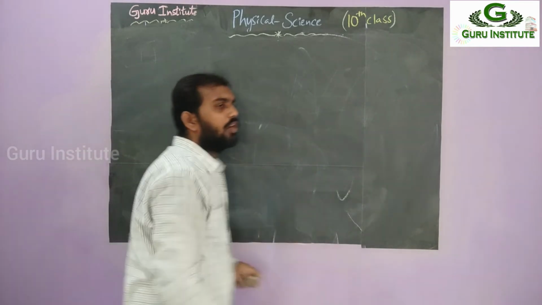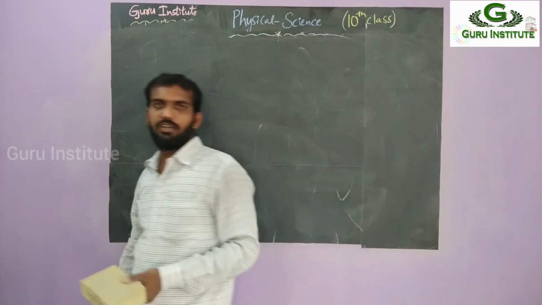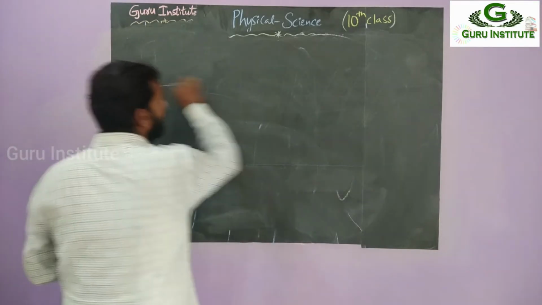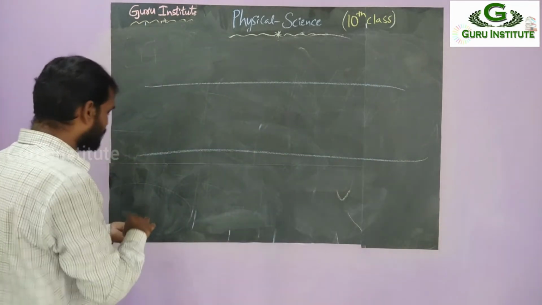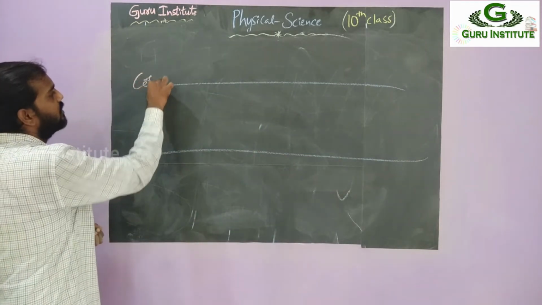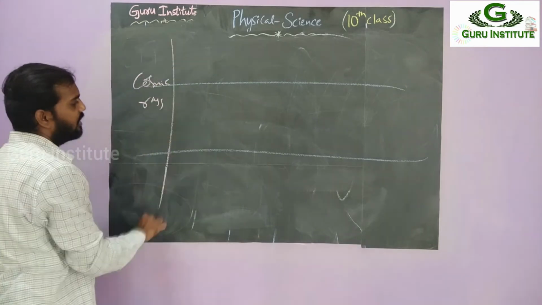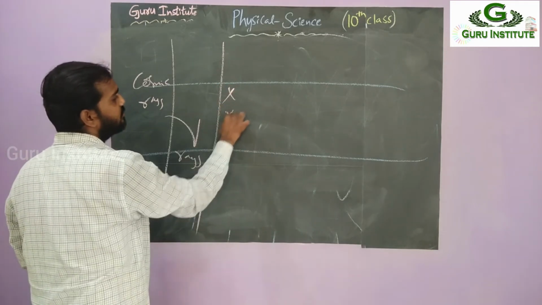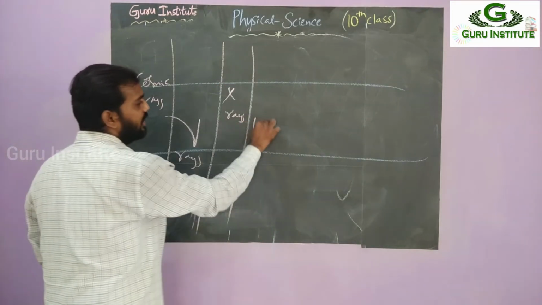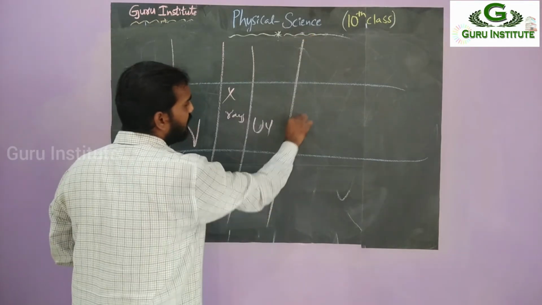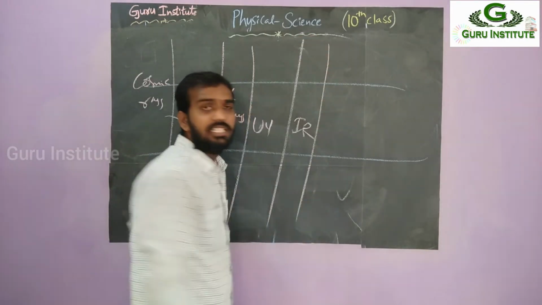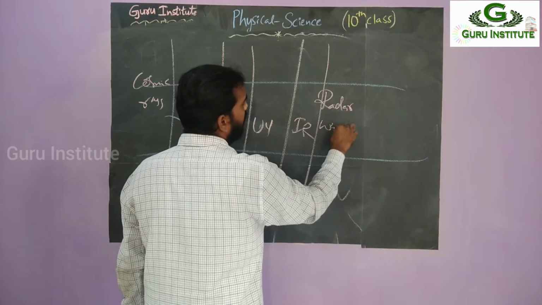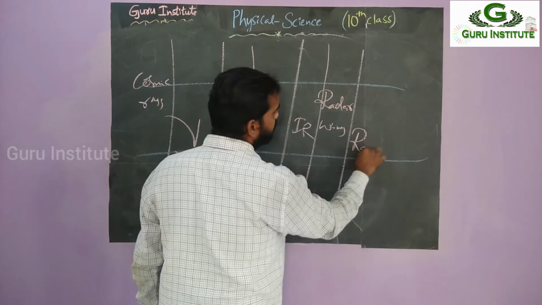Now, electromagnetic waves are not only visible light, they have a wide range. If you take the electromagnetic spectrum, at the starting level it contains cosmic rays, then gamma rays, then X-rays, then UV rays, then IR rays, then radar waves, and after this radio waves.